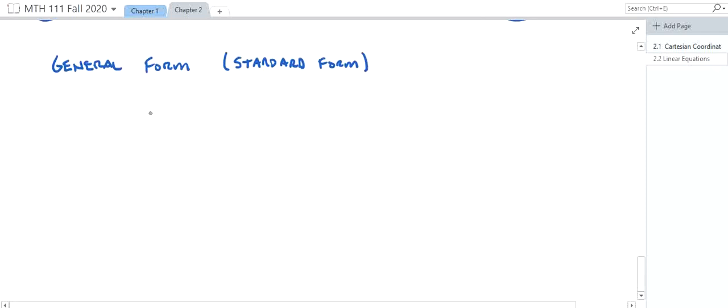But in the general form, you're going to have ax plus by plus c equals 0. I don't think you need to really differentiate between these two, because the standard form is just the general form written a little differently: ax plus by equals c.